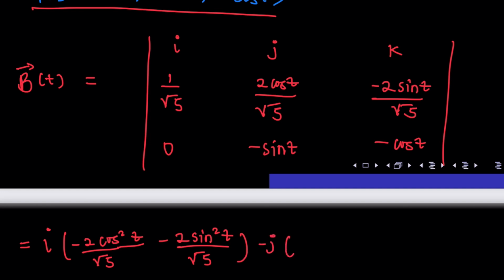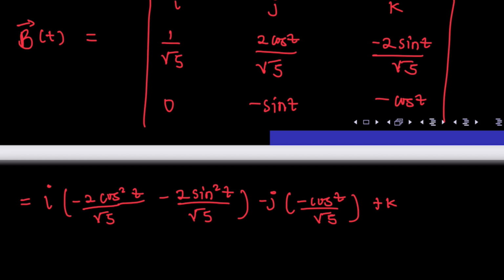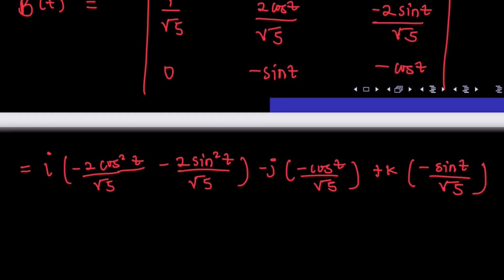So we cancel the second column and the first row. So that's going to give us minus cosine of t on square root of 5, minus 0. So we now cancel the third row and the first column. So that's going to give us minus sine of t on square root of 5. So with the first term, we can factorize minus 2 on square root of 5 out.